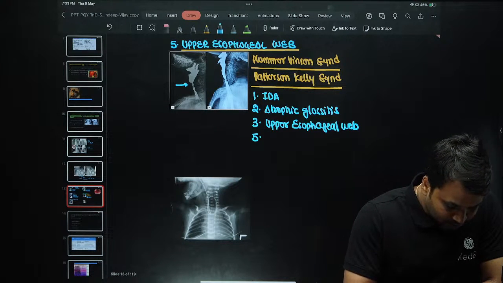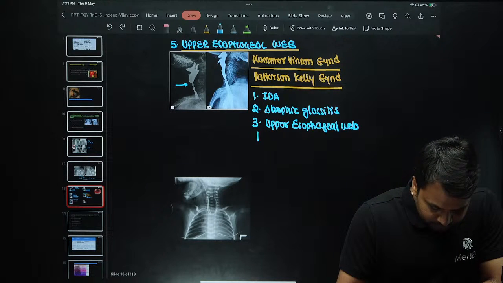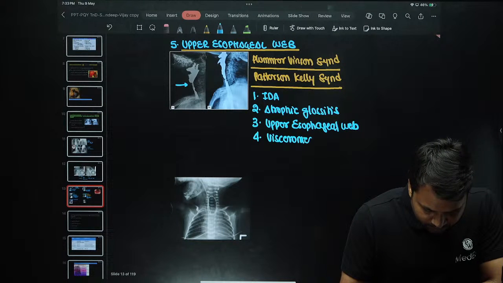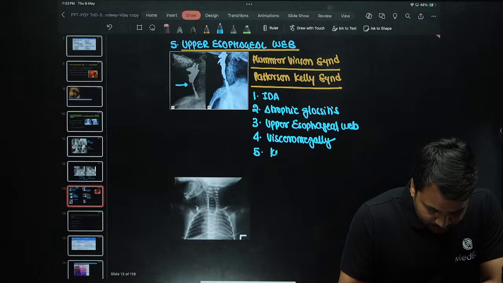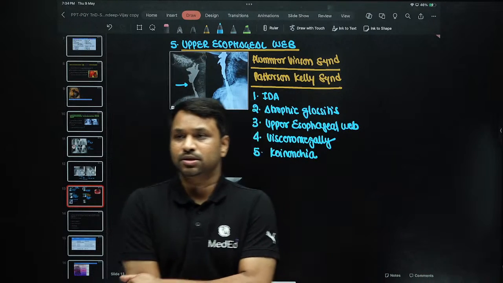There is visceromegaly and koilonychia, right? So, these are the components that you will see in the Plummer-Vinson syndrome.